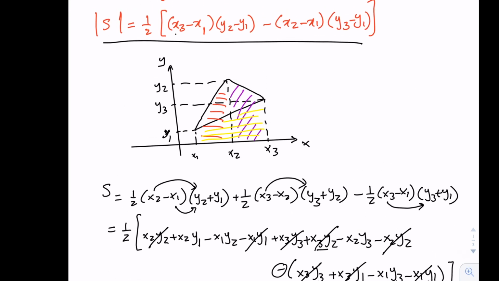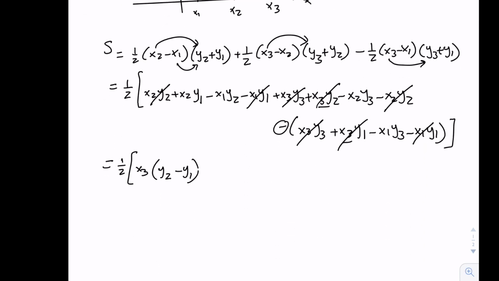And then we need to do the same for x1, plus x1 y2 minus y2, and then we need an x1 y1 term. So we don't have an x1 y1 term here, but we can add and subtract x1 y1. So we do plus x1 y1 minus x1 y1, or equivalently we could have not canceled these two terms before.